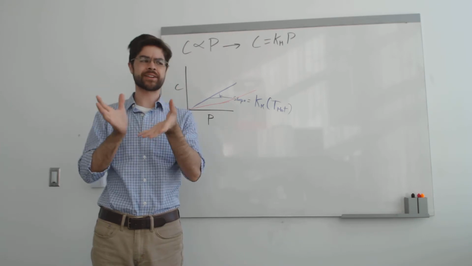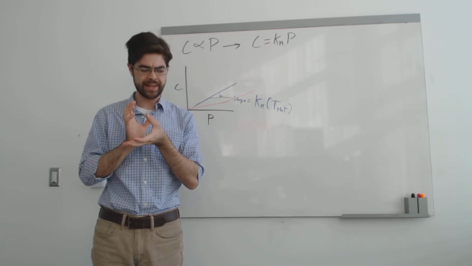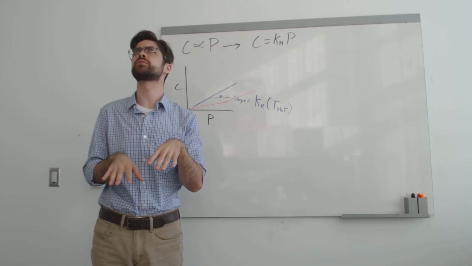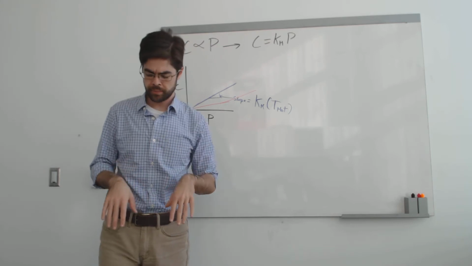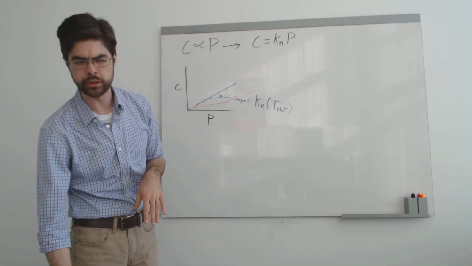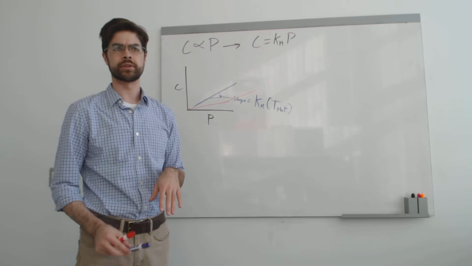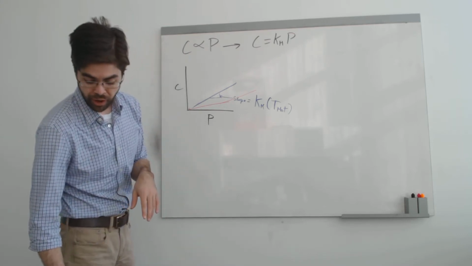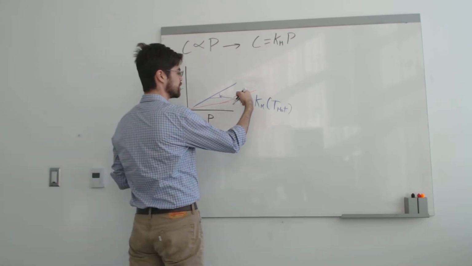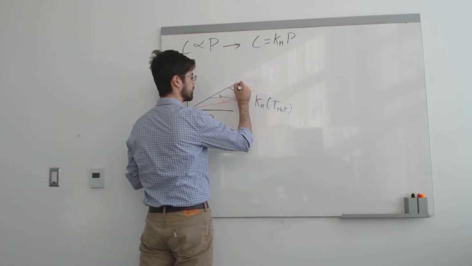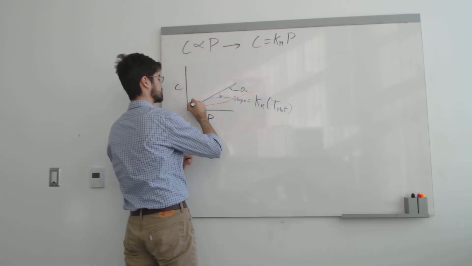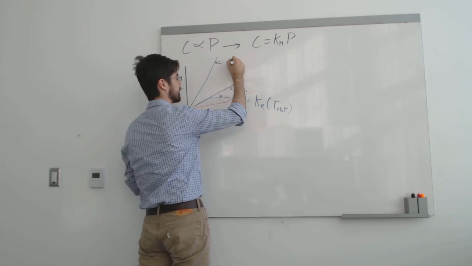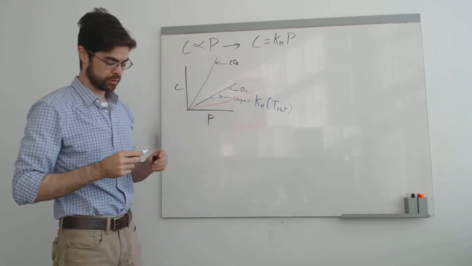For instance, oxygen naturally does not dissolve in water as easily as carbon dioxide does, nor, I think, a little bit better than nitrogen, but those both have relatively low solubilities in water, so they have relatively low Henry's law constants. So they would both follow Henry's law, but this might be the slope for oxygen. This might be the slope or the solubility of something like carbon dioxide.